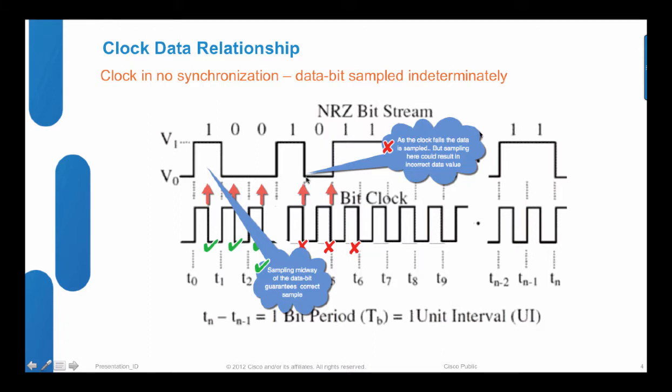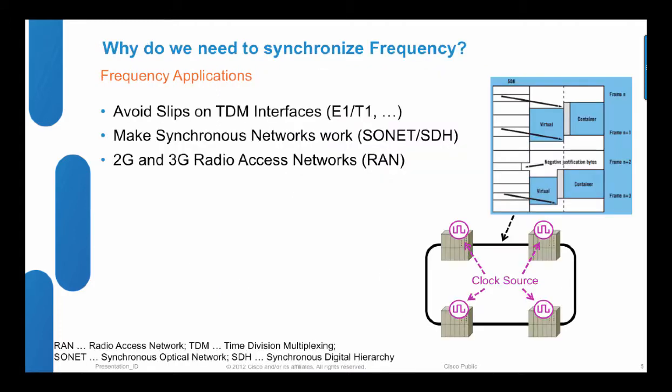You can appreciate here it should be a 1, but it also could be a 0 because it's in this indeterminate area. So this is no good at all, and this is why we need to have the clocks synchronized all the time so that we sample the data correctly.